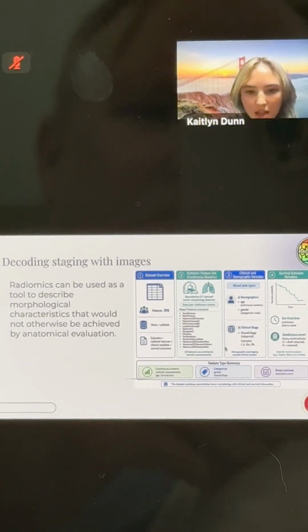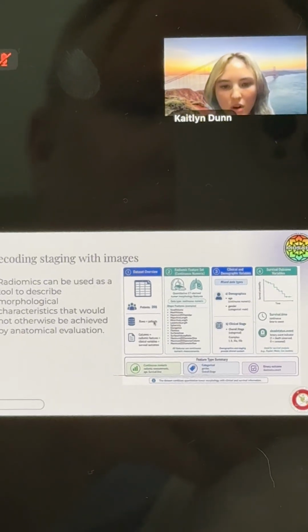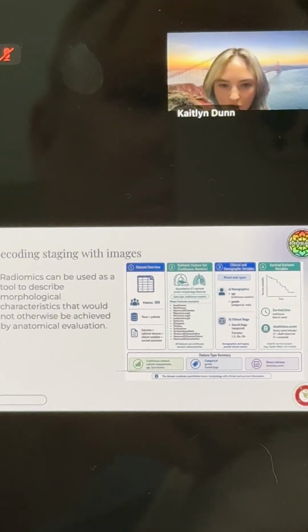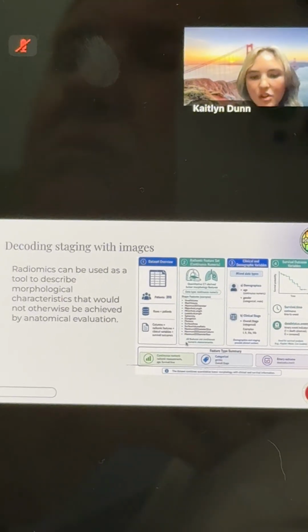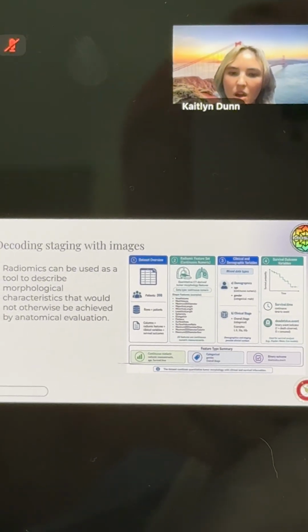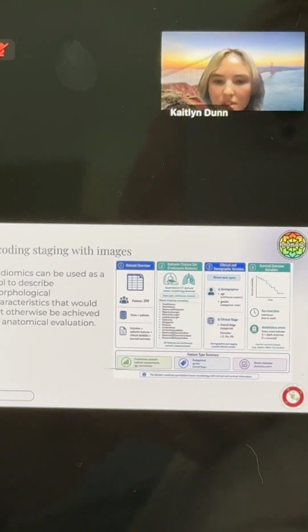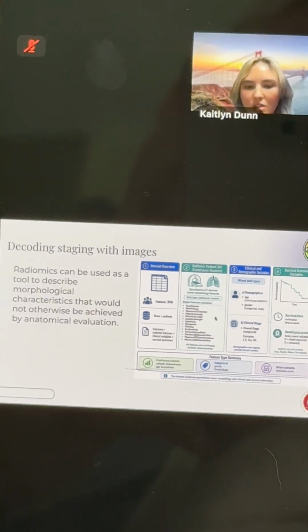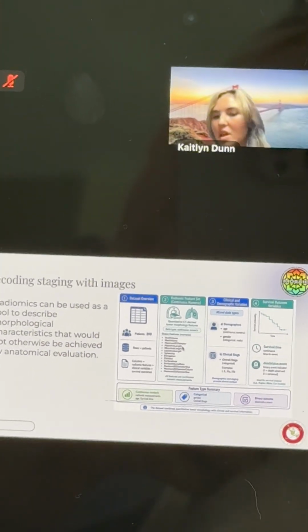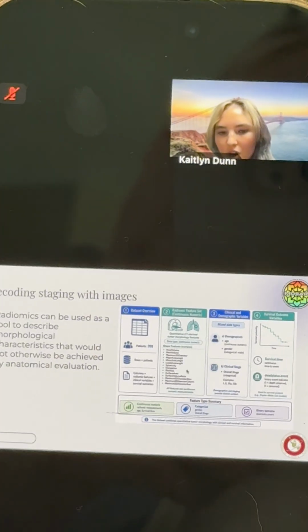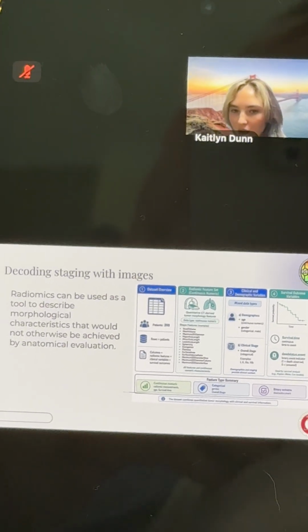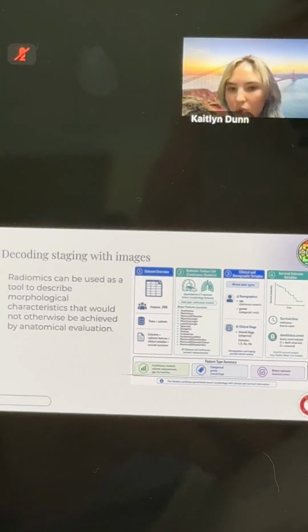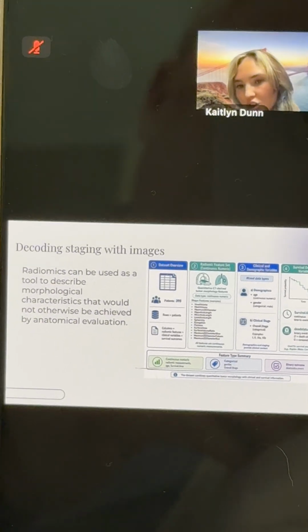The data set that I have is a cohort of 398 patients, and these features describe the tumor shape, such as voxel volume, mesh volume, maximum 3D diameter, all of these shape descriptors and texture descriptors that wouldn't otherwise be evaluated using anatomical staging.